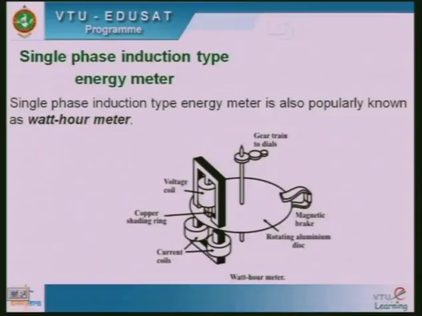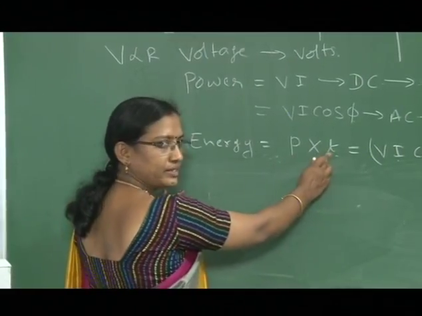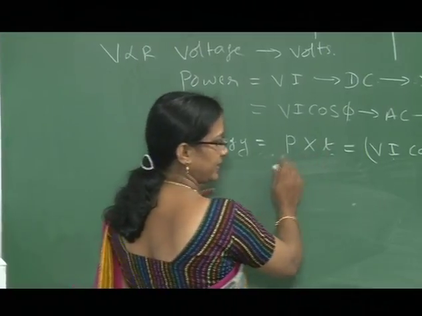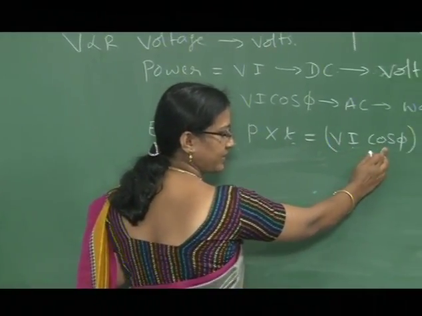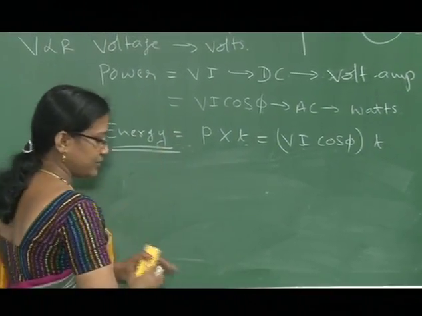Now, we will move on to energy. Here also you will have both a current coil and a pressure coil, but for energy you are going to consider the power consumed in a particular time. Since power in an AC circuit is VI cos phi, that multiplied by time will give you the energy consumed.